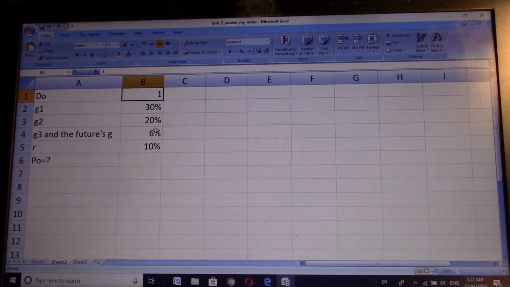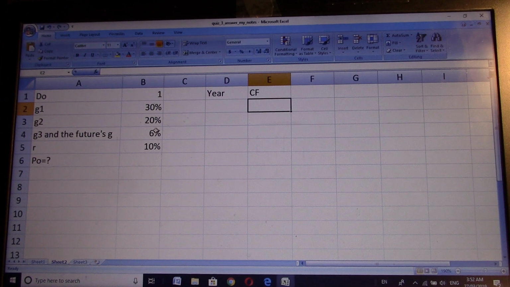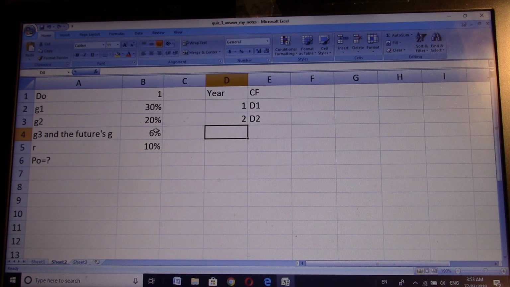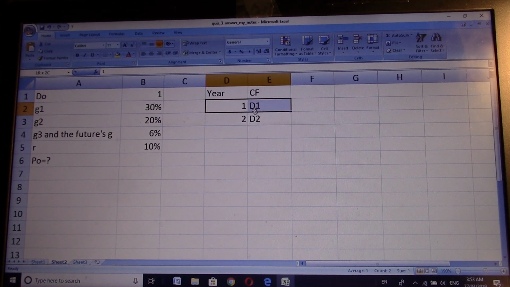Okay, so for this question, we need to know the cash flows. We need to know D1. We also need to know D2. This is year 1, this is year 2.